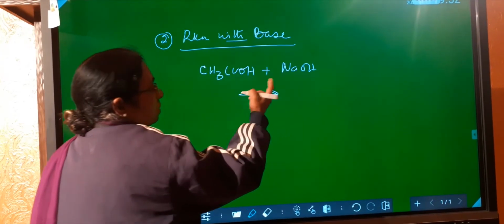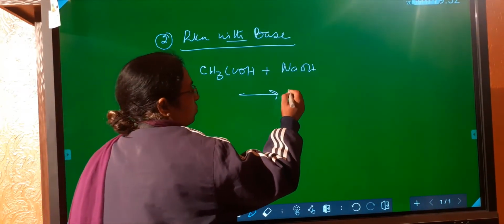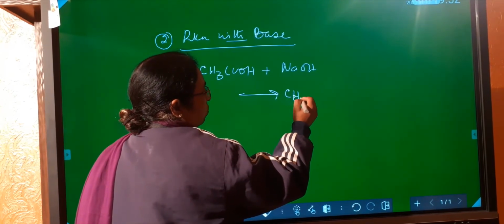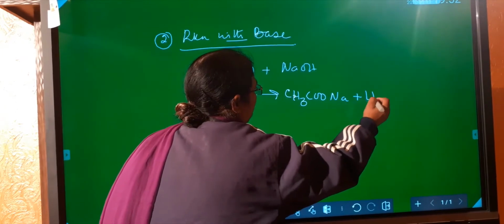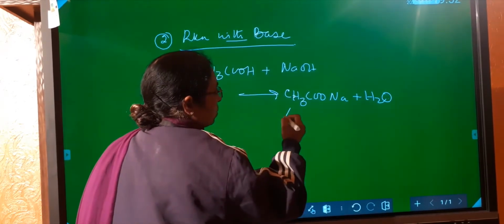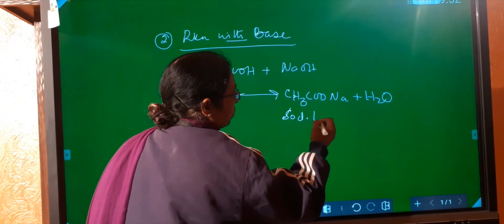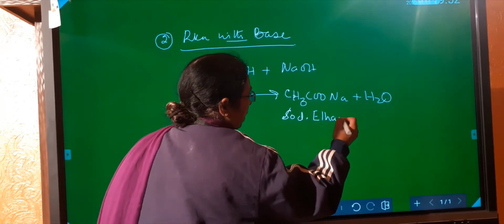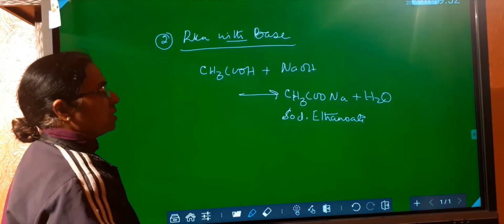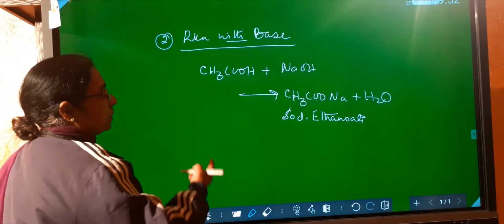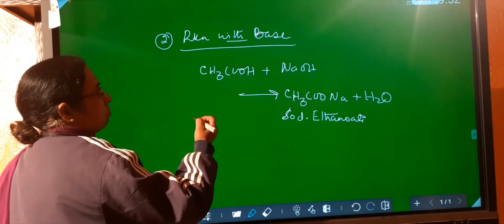So we know that acid reacts with base to give salt and water, CH3COONa plus H2O. The name is, again we have seen, sodium ethanoate. Sodium ethanoate, and water is given out. Alright, so this is reaction with base.